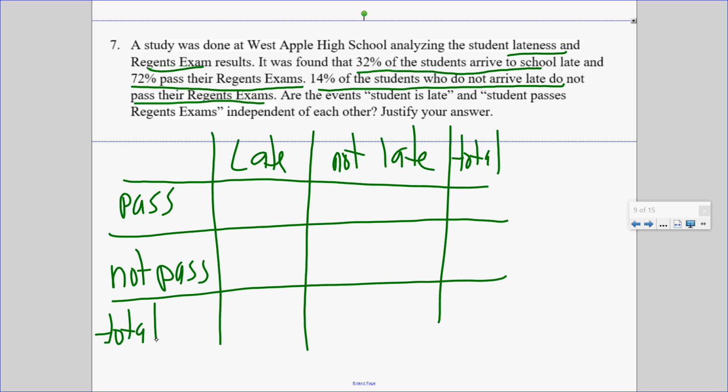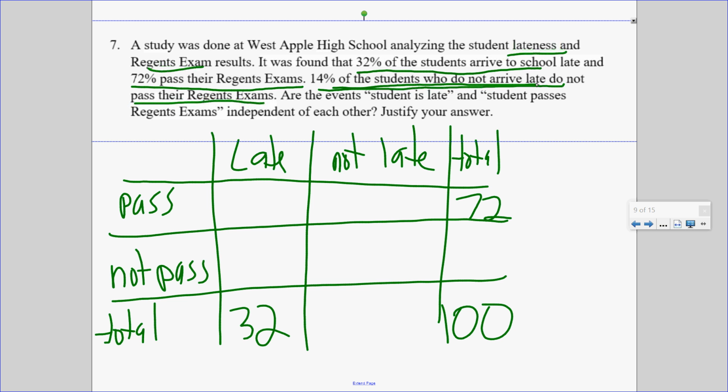Because there's percents in this particular problem, the total is 100. 32 arrived at school late, so my total for late is 32. 72% pass. 14% of the students who do not arrive late do not pass their Regents exams. So that's conditional.